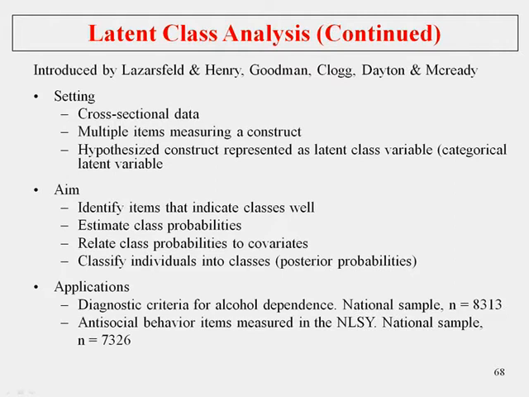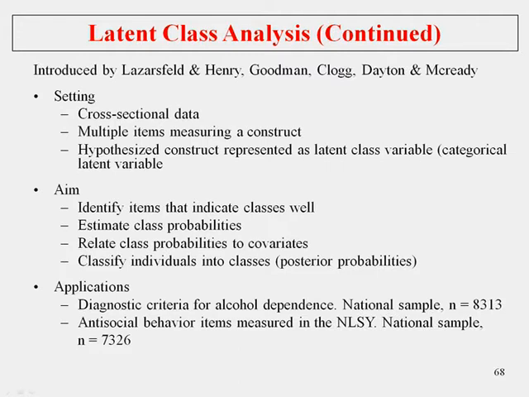We're going to look at cross-sectional data first, where we have multiple items measuring a construct. In this case, it was 4. And for the hypothesized construct, it's reasonable from a substantive point of view to represent it as a latent class variable. And the aim is to identify items that indicate classes well.